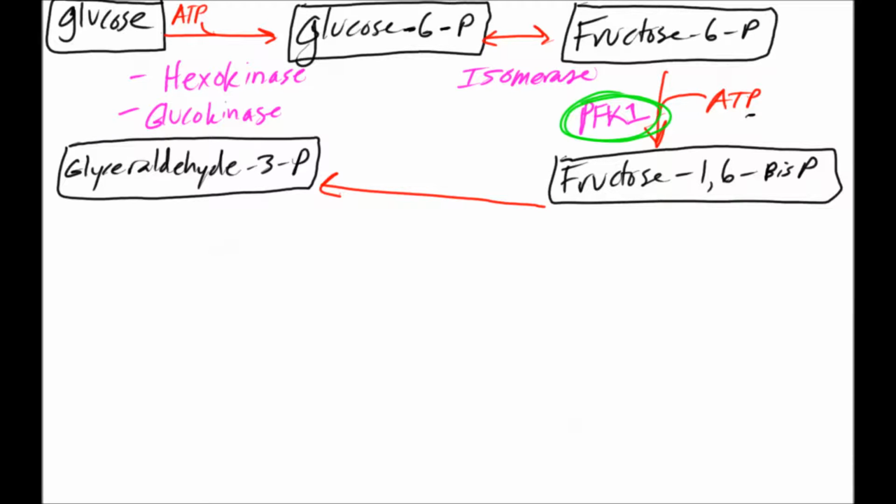Or, I know it's going to get a little bit confusing here because of all the limited space, and I apologize for that, but it could get turned into a dihydroxyacetone phosphate molecule, also called DHAP. And I'll just write that for short since we're limited on space here.